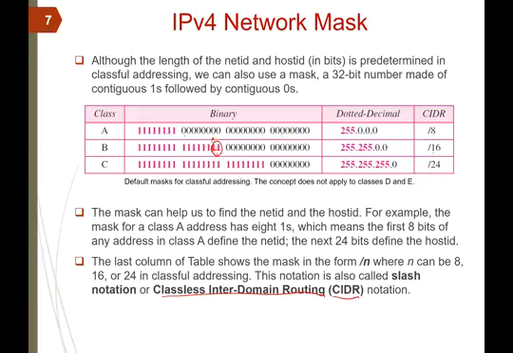So the default mask will no longer be valid. You change it, for example, instead of 16, you will have 14 or a different number. Or you can do supernetting also, as we'll see in the coming slides.